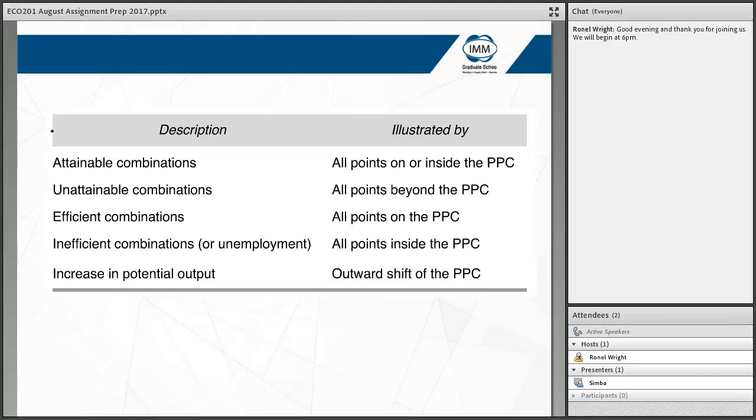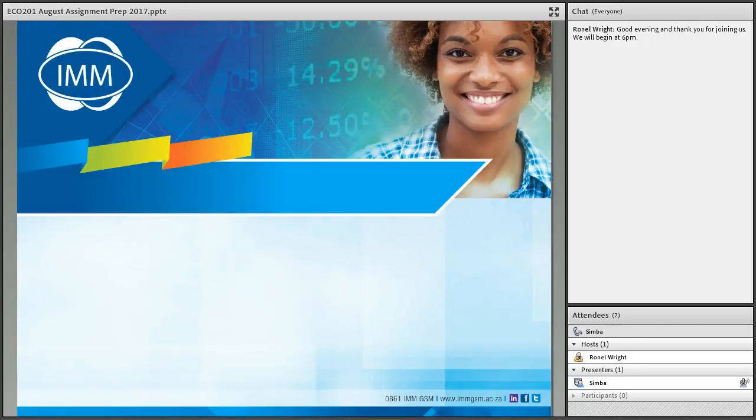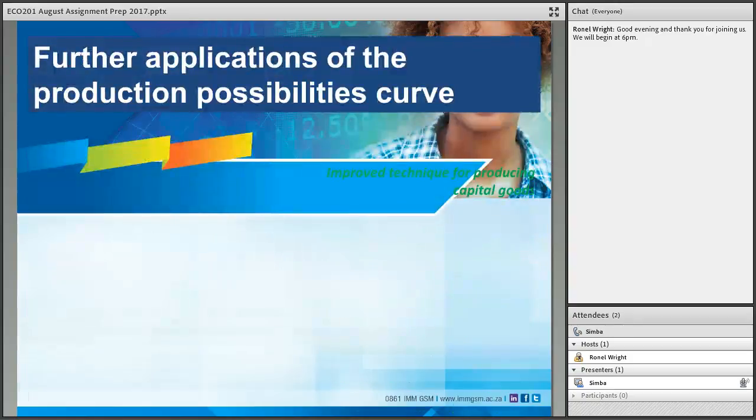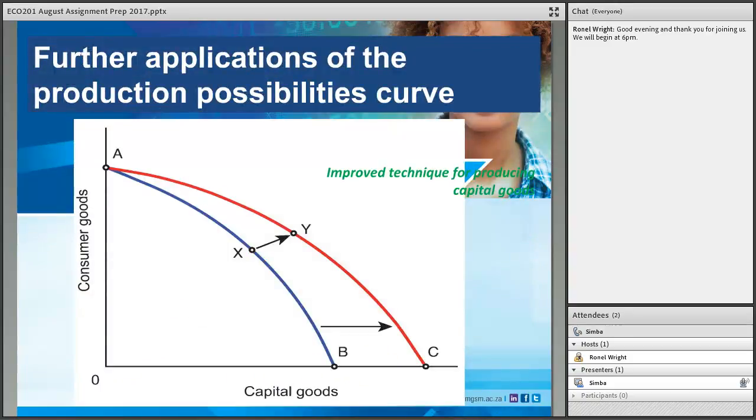You might discover that you now have more resources, your productivity can increase, your workers can become better skilled, or you can discover a new resource system. All right. So how does that affect us? As you move on, let's say there's an improved technique.